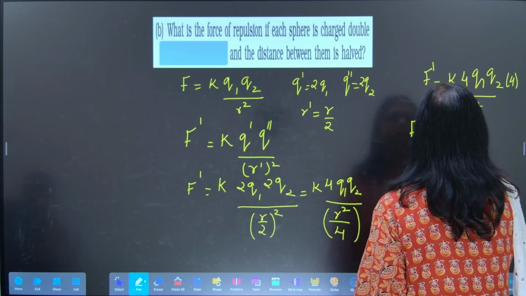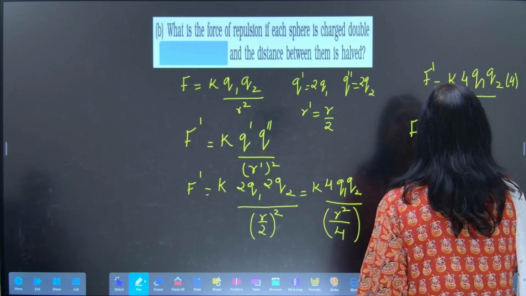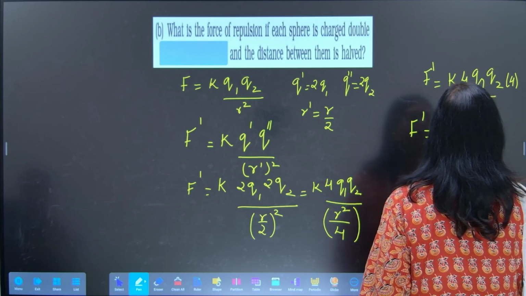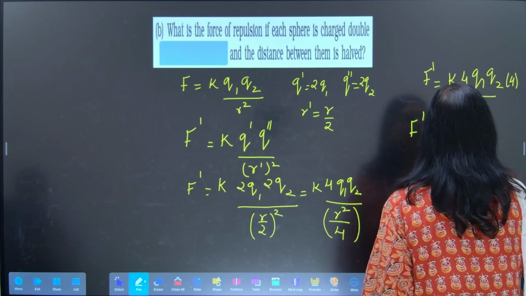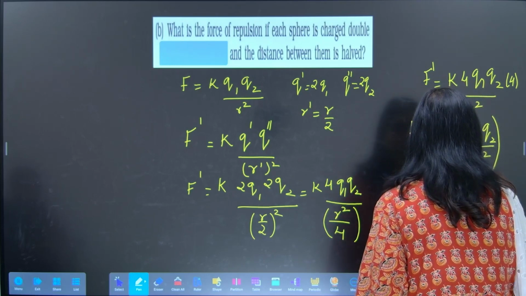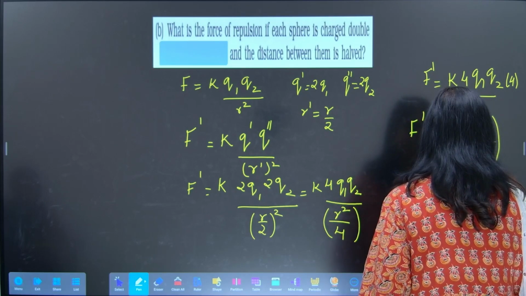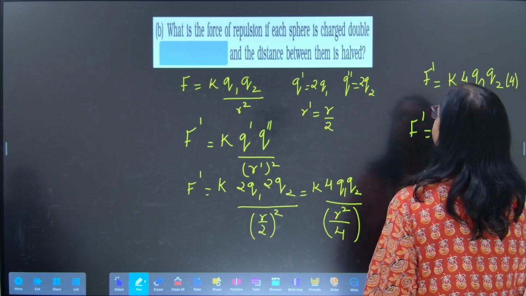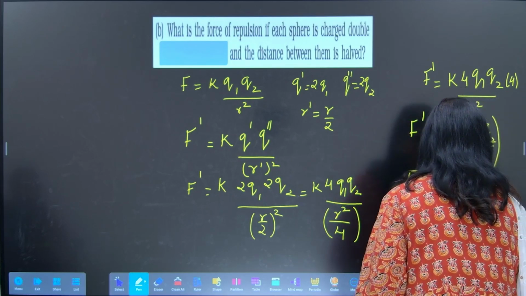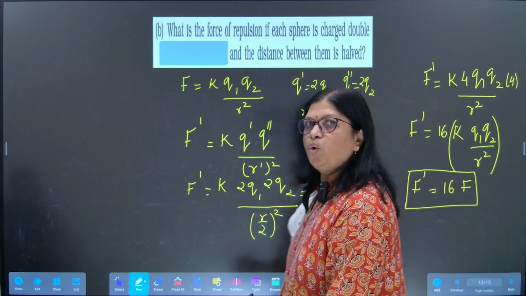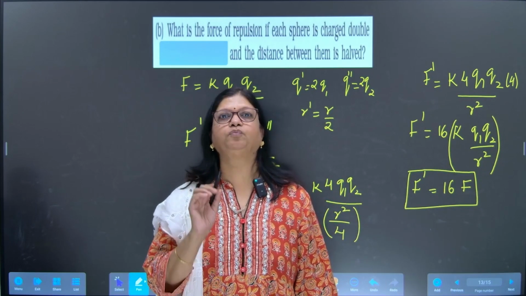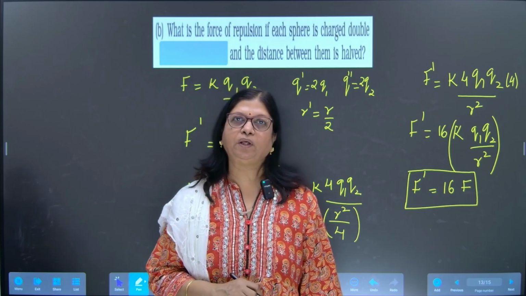Therefore, F dash is equal to 4 into 4, 16 K Q1 Q2 upon R square. Here K Q1 Q2 upon R square is F. Therefore, we have F dash is equal to 16 F. So this is a new force which is 16 times the old force, which was the original setup of the charges and the distance between them.